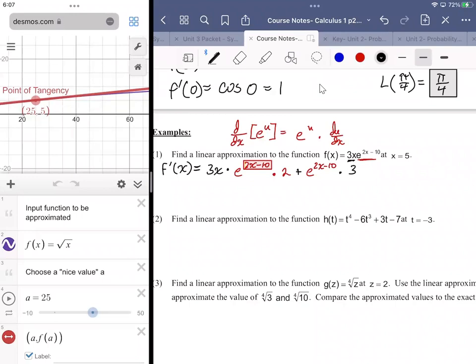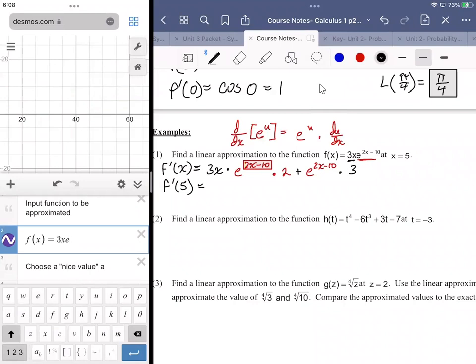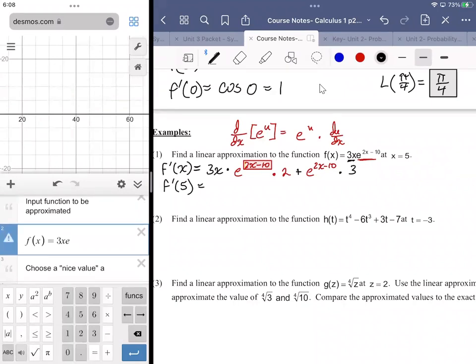All right. That being said, maybe you don't even need to do that. You certainly don't need to do it in order to find the derivative at x equals 5, because for that you could plug in if you want. I could also show you on the Desmos calculator, the linear approximation linearization. You just type in your original function, 3x e to the 2x minus 10.